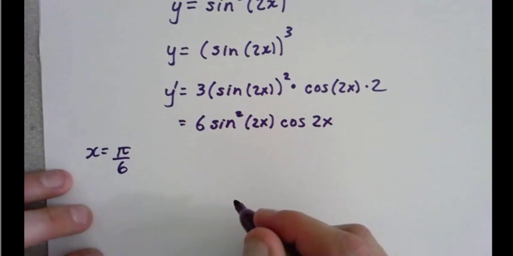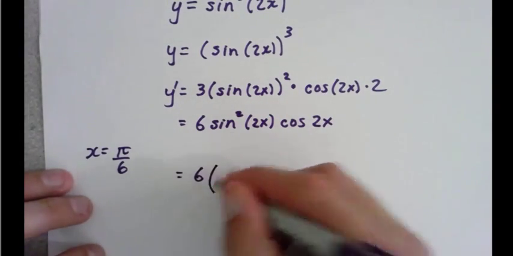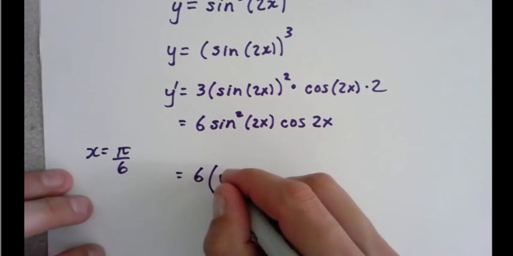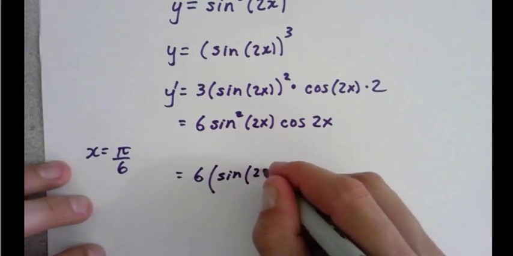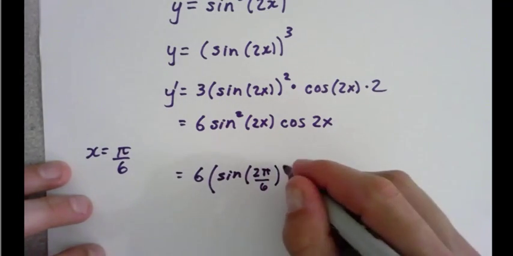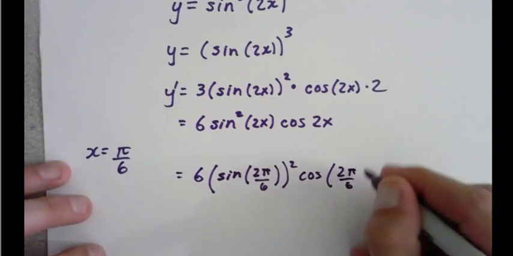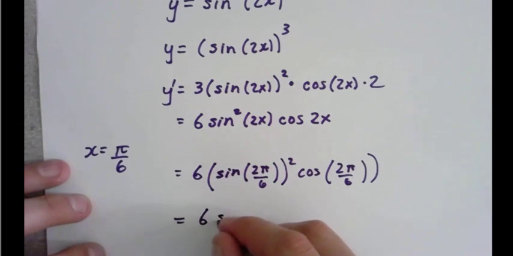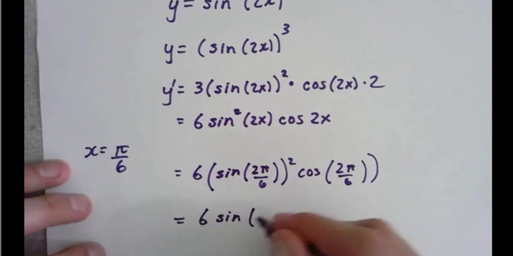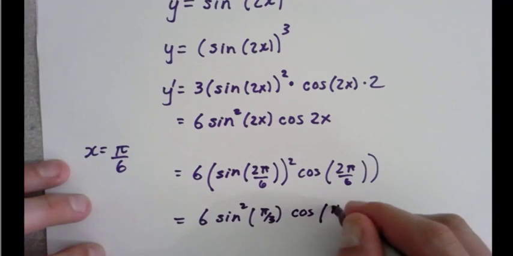By substitution, I'm going to have 6 times the sine of 2 pi over 6, squared, times cosine of 2 pi over 6. If I simplify that, I get 6 times sine squared of pi over 3 times cosine of pi over 3.